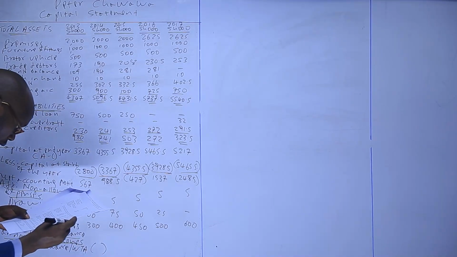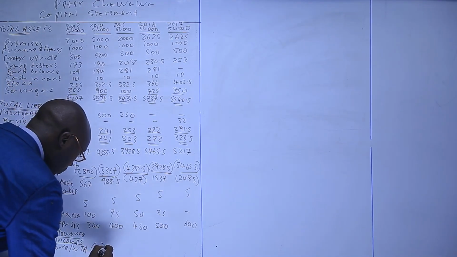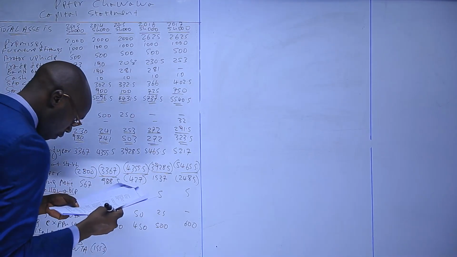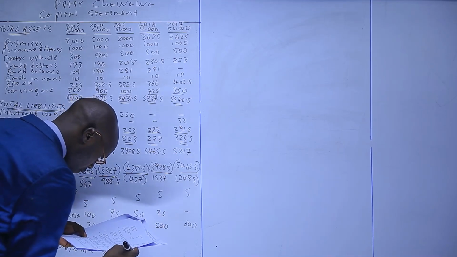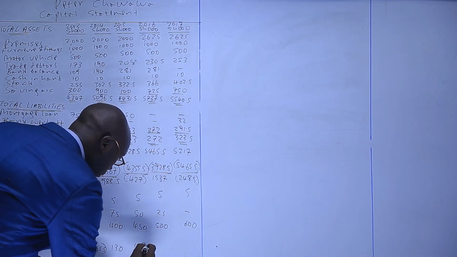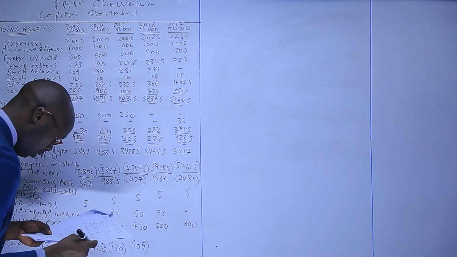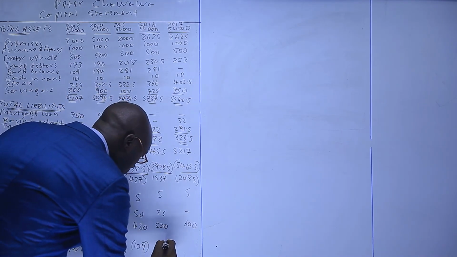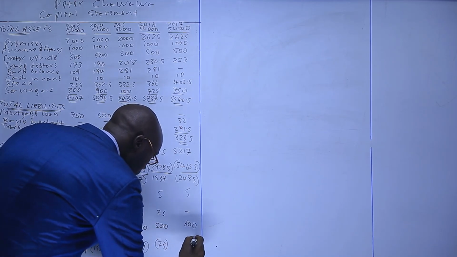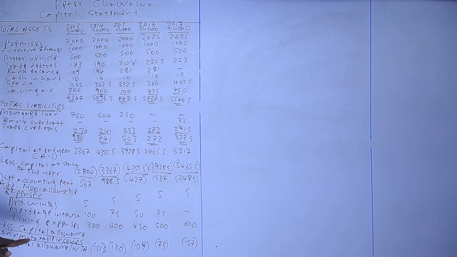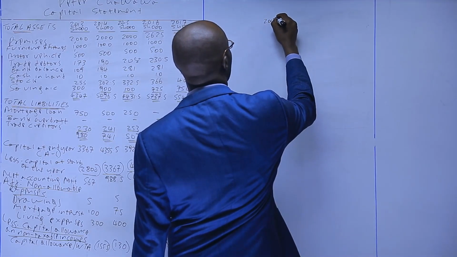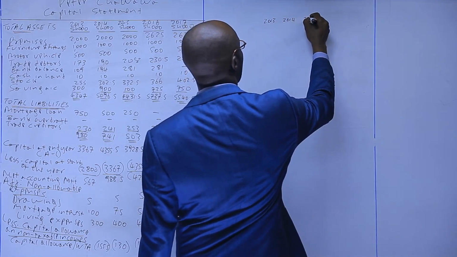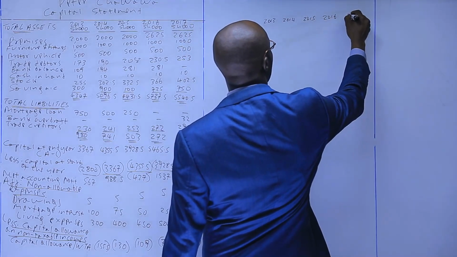So we deduct 155.5, 130, 109, 73, 157. The only thing that remains is the non-taxable income. So we continue here, 2013, 2014, 2015, 2016, 2017.